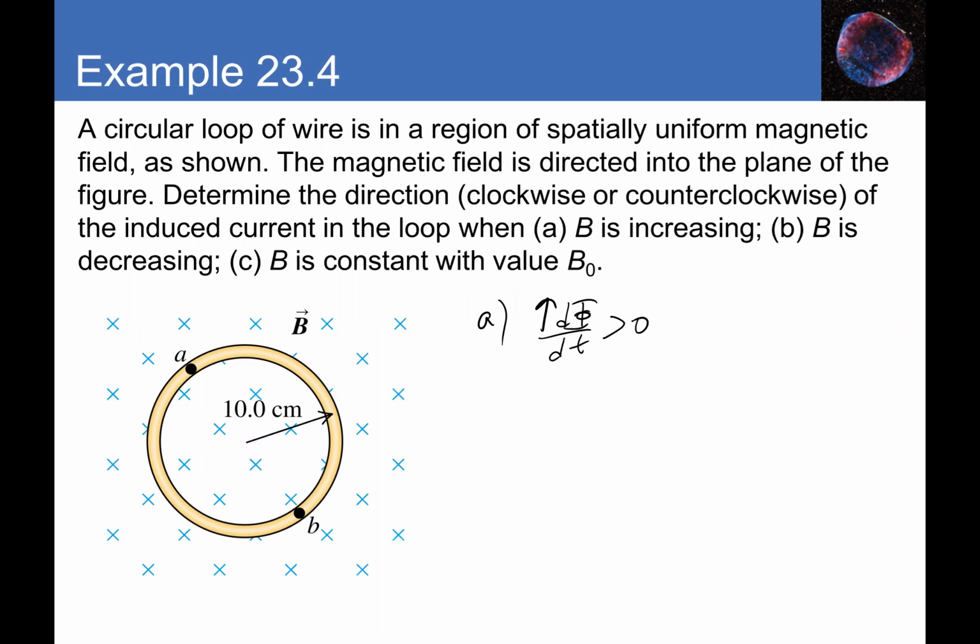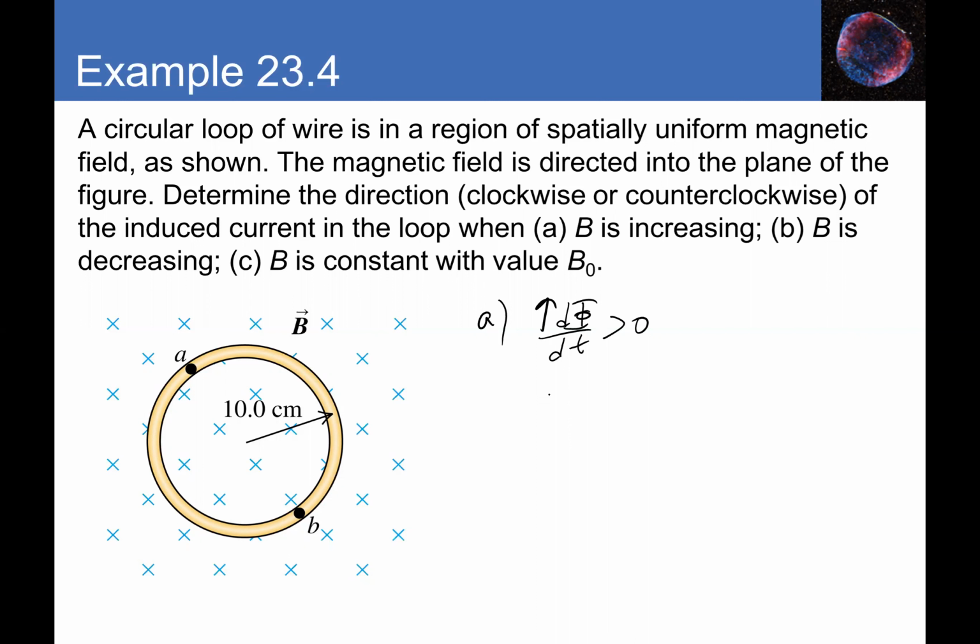Technically, since the magnetic field is into the page, it's negative, so the flux is negative and becoming more negative. You can think like that, but you can also think of the flux as increasing.